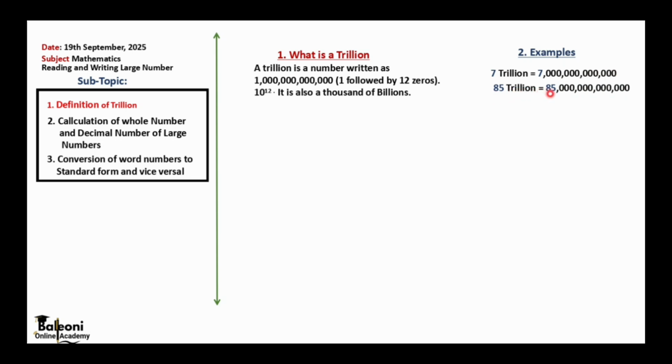How do we write it? 85,000,000,000,000. And number three is 452 trillion. How do we write it out? 452,000,000,000,000. They all have 12 zeros at their back.